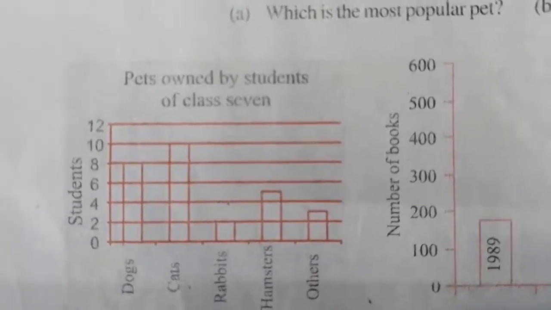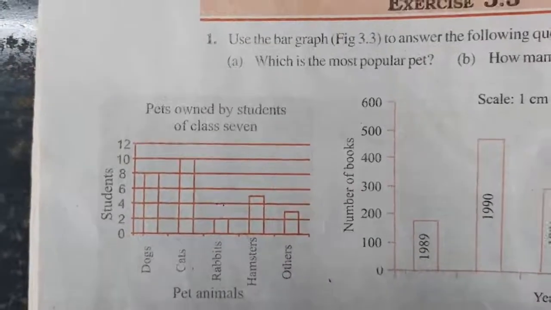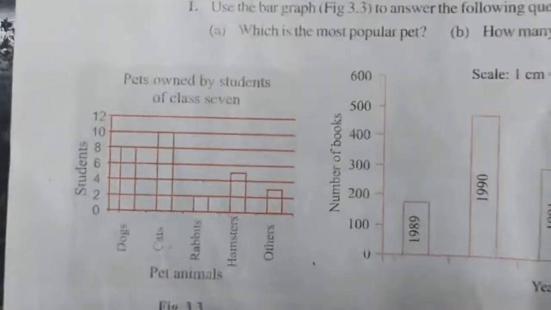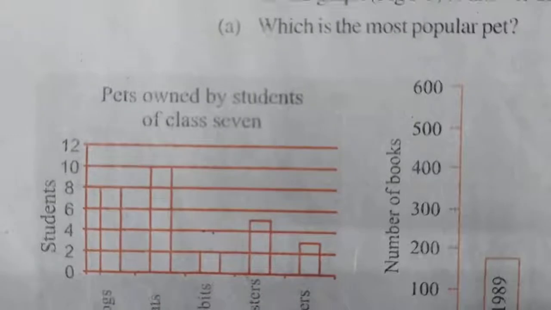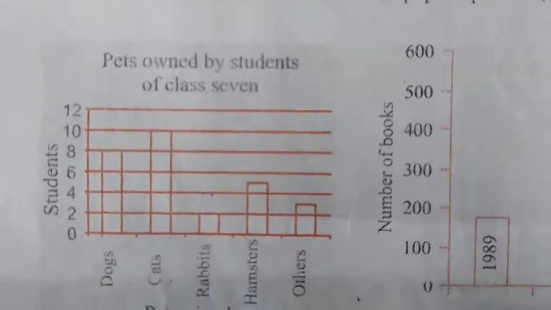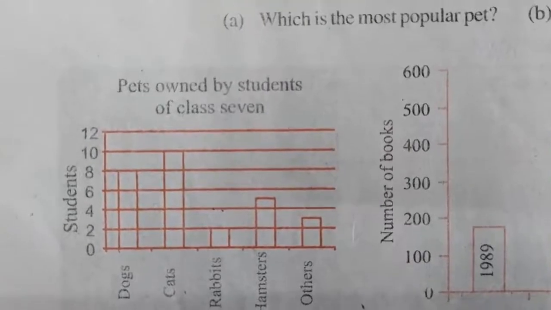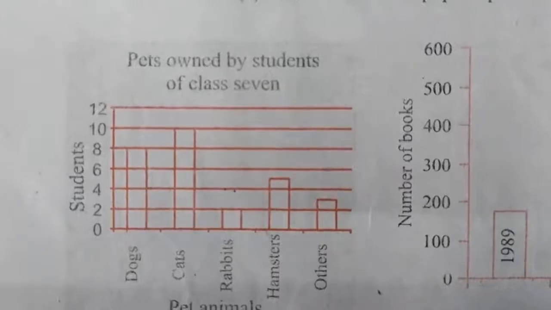The most popular pet is cats. Second question. How many students have dog as a pet? 8 students. I hope you understood how to write. So the question you can finish in the textbook itself.